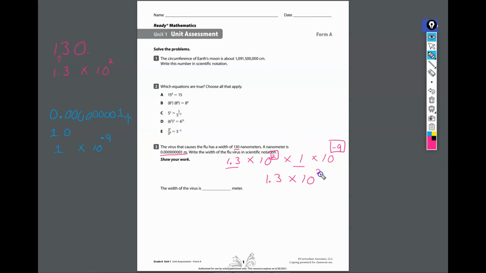So 2 plus -9 gives us 1.3 times 10 to the -7 power. And there's our length in scientific notation. Notice the directions wanted that in scientific notation.